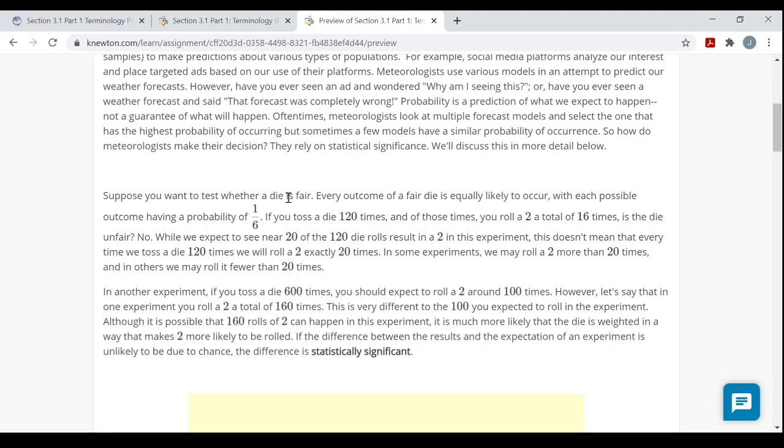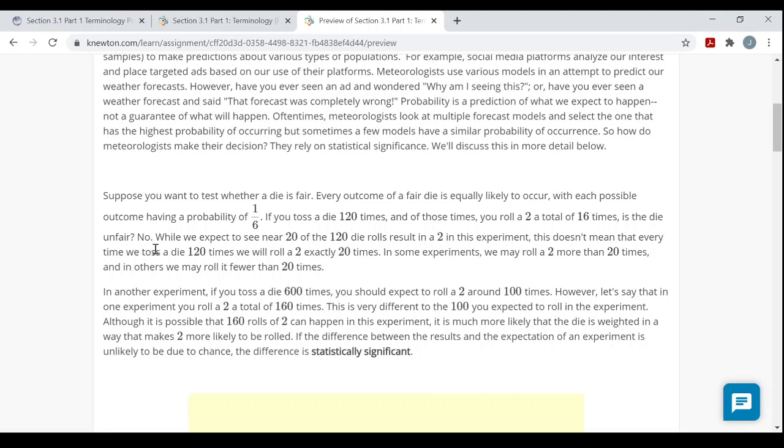So here's an example. Suppose you want to test whether a die is fair. Every outcome of a fair die is equally likely to occur, right? 1 through 6, with each possible outcome having a probability of 1/6. If you toss a die 120 times, and of those times you roll a 2 a total of 16 times, is the die unfair?